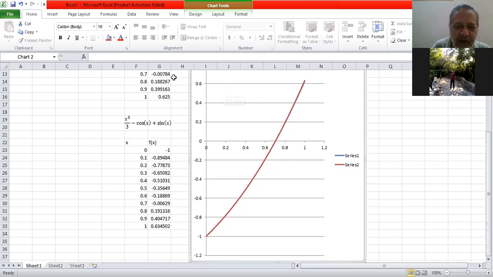Blue line from a Taylor series method and the brown line from the exact solution. So the two very different looking functions are in fact exactly the same functions.